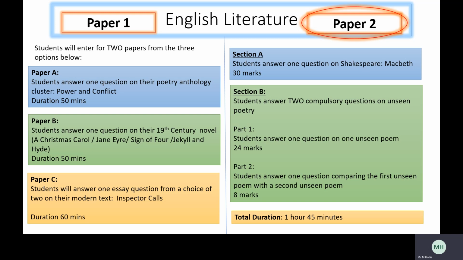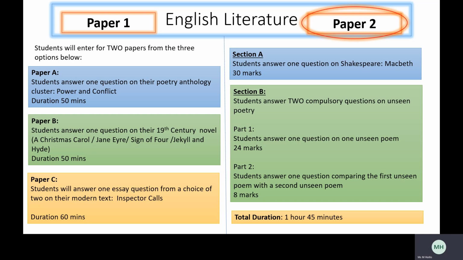Part 1 of this is where students will answer a question on one unseen poem, and it's worth 24 marks. And part 2 is where students compare the first unseen poem with a second unseen poem, and this is worth 8 marks. This is the compulsory paper, and actually this is the paper that they will be studying for their mocks.